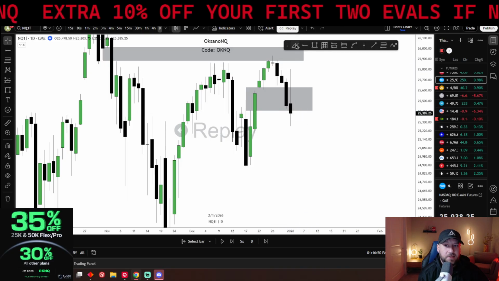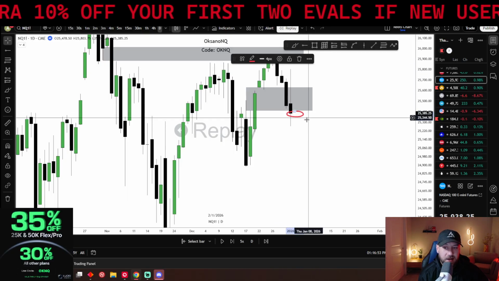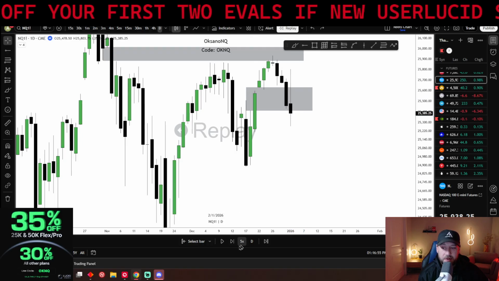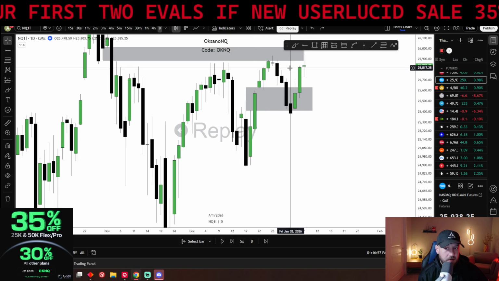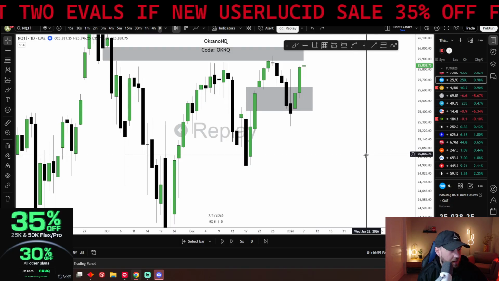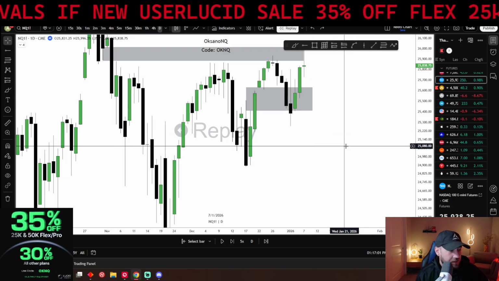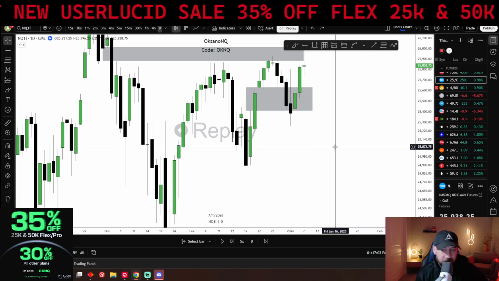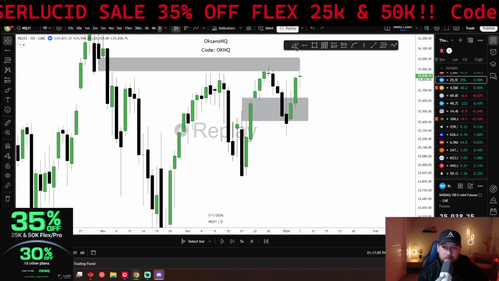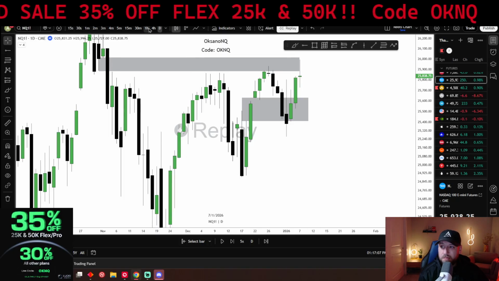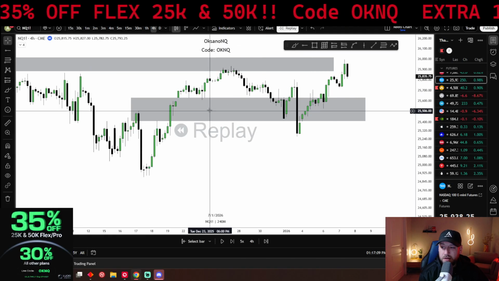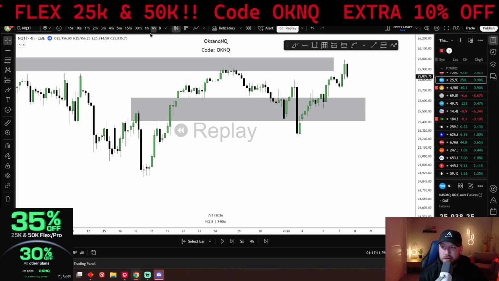Okay. But see how we got the inverse here on the daily? Then what happened? It pumped up. Why? Well, probably because we bounced from a lower time frame gap that we didn't see.